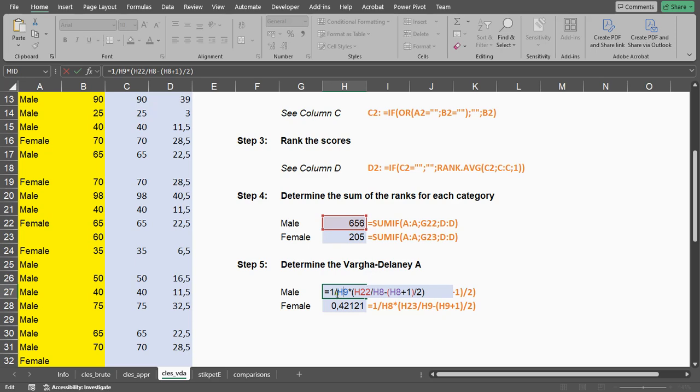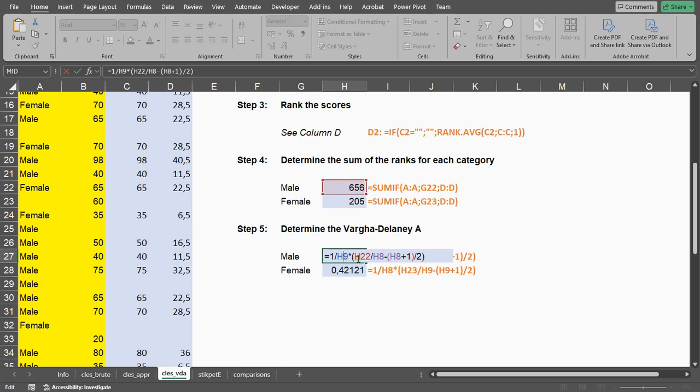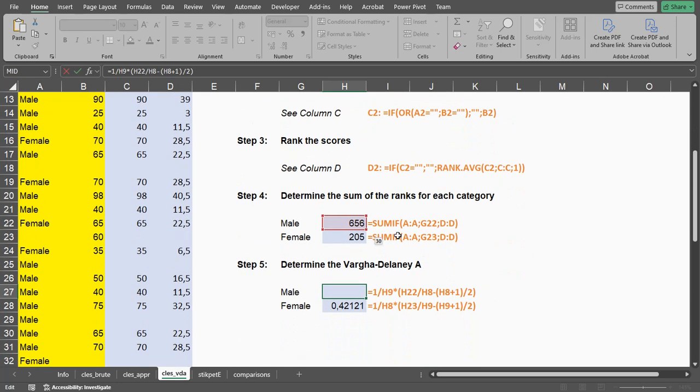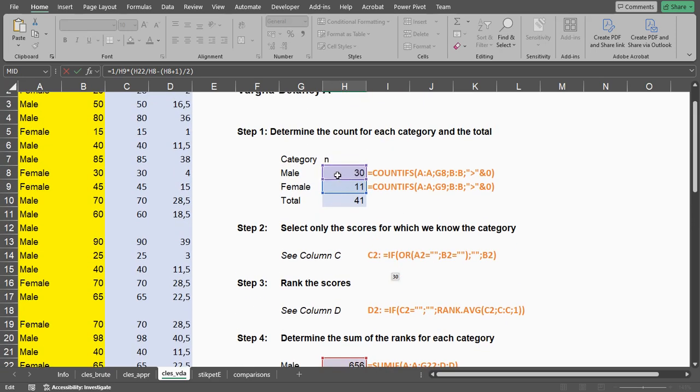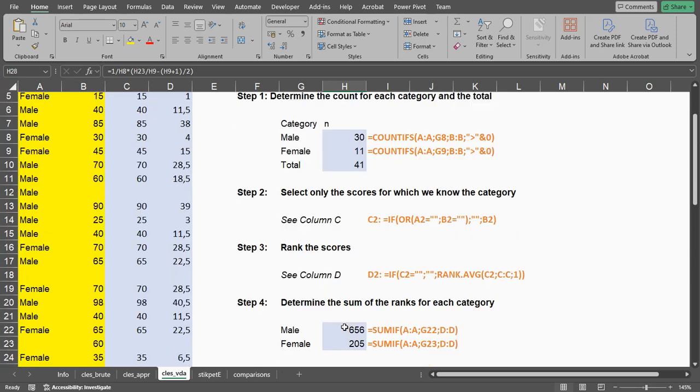In this case, what I'm doing is 1 over n of one of the two categories, multiplied by the sum of the ranks divided by its corresponding number of samples, and then you subtract n1 plus 1 divided by 2. And then you get that 0.579 again. As mentioned earlier, it's also the same as the Mann-Whitney U statistic divided by n1 times n2.